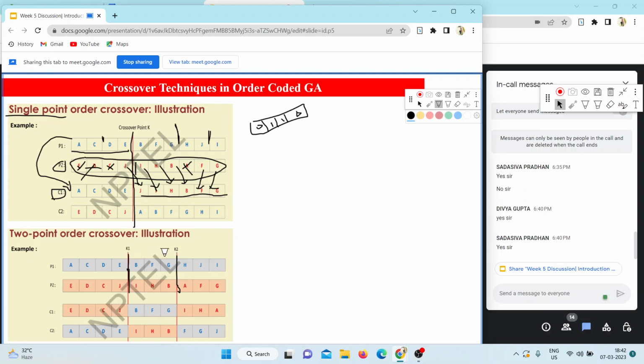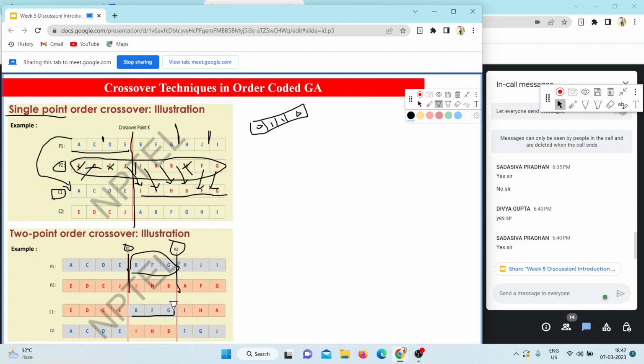Okay. So when we have put this, what we will do, like single point crossover, in between the imaginary bars, whatever the bits, we exactly copy from P1 to C1.